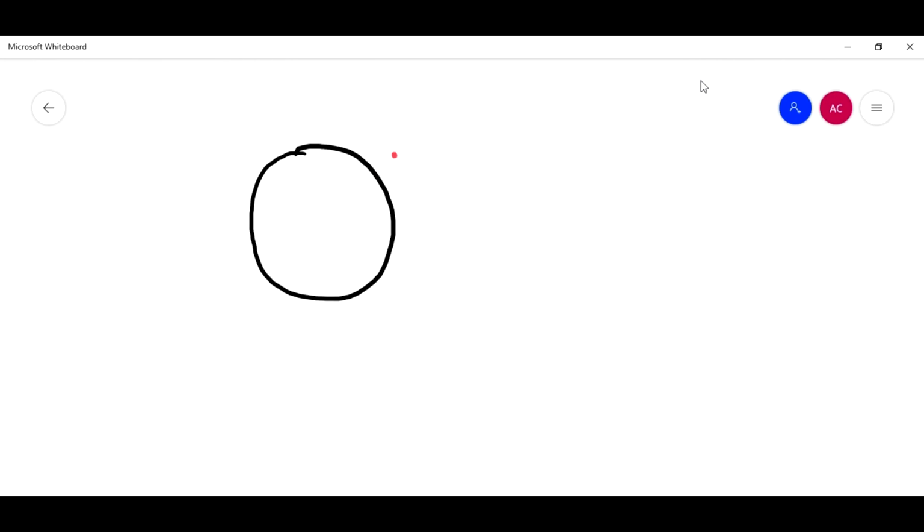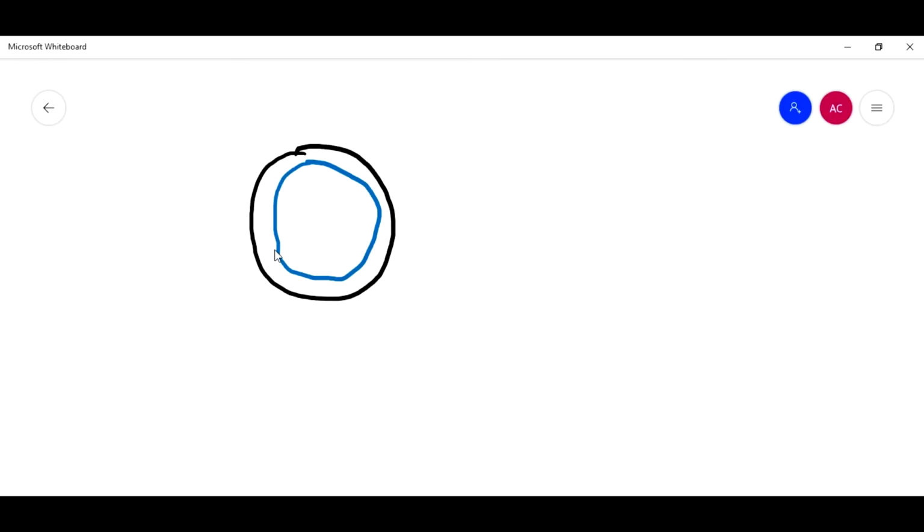So what I'm going to do is say that this circle is the orbit of the International Space Station. If you want, you can say that this little circle over here is the Earth, and the black circle is the orbit.